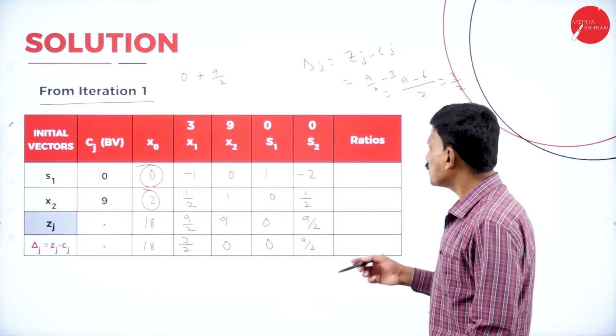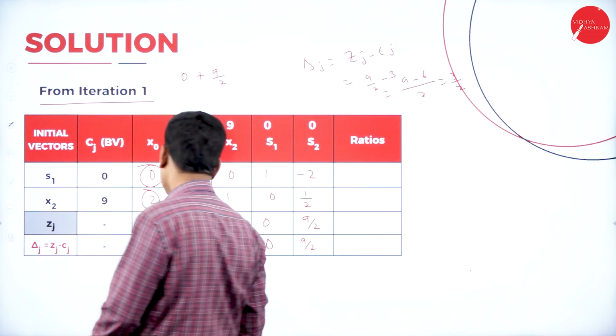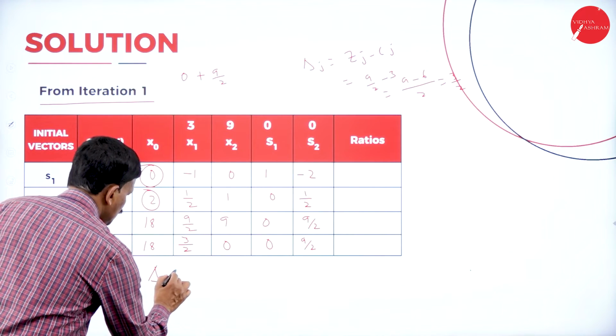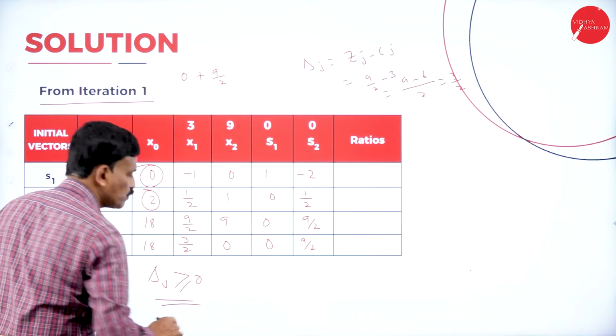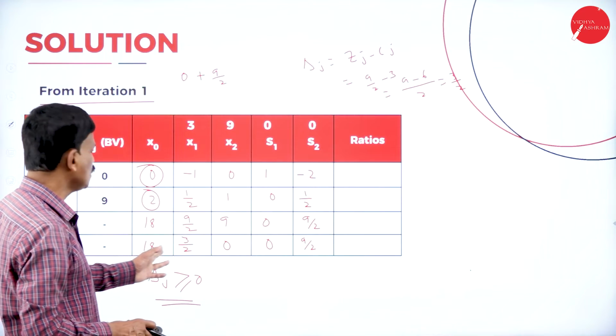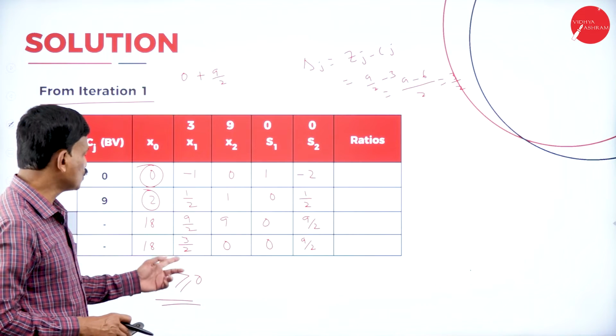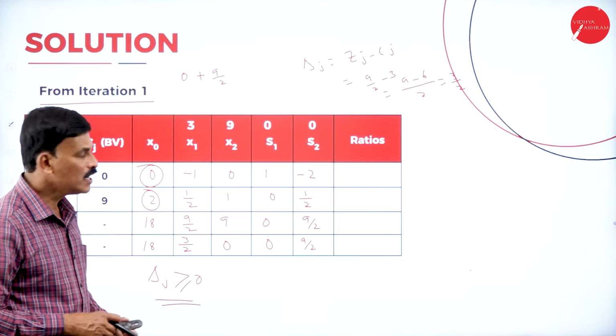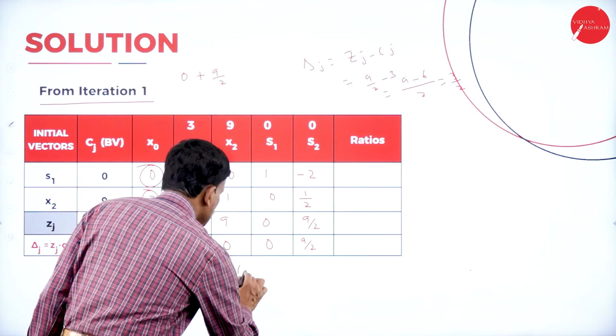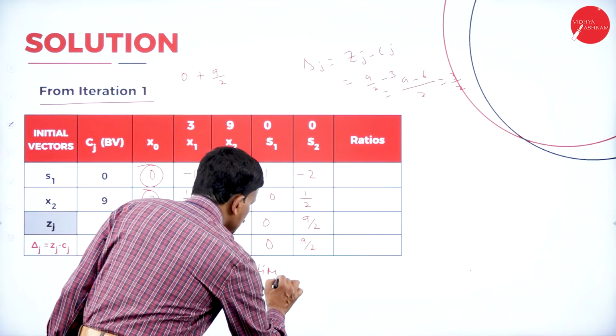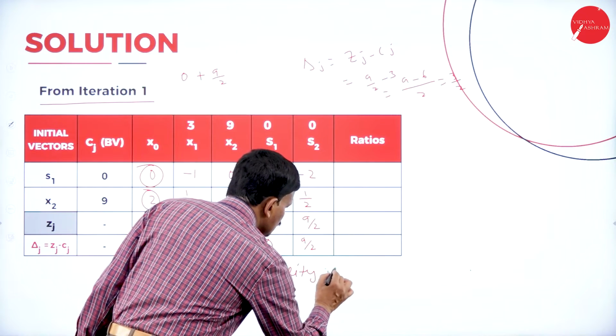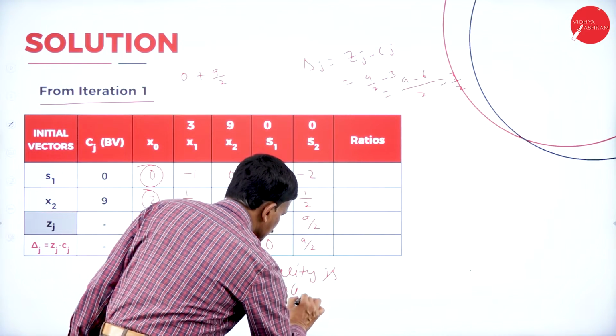Since all the values in delta j are greater than or equal to 0, that means all the values are positive. Hence the optimality is reached at this stage.